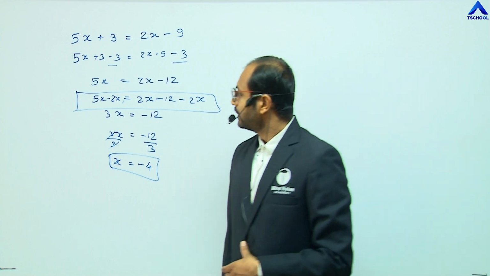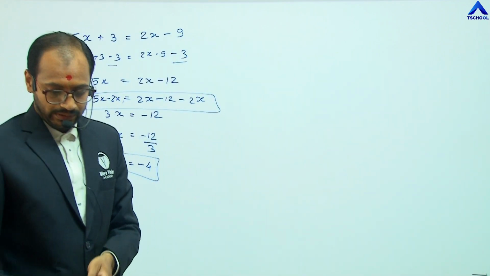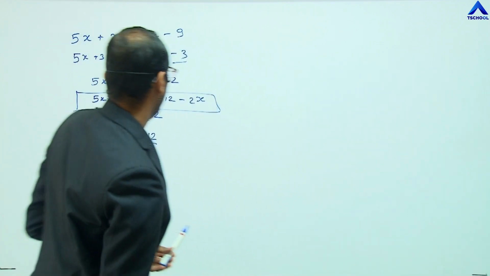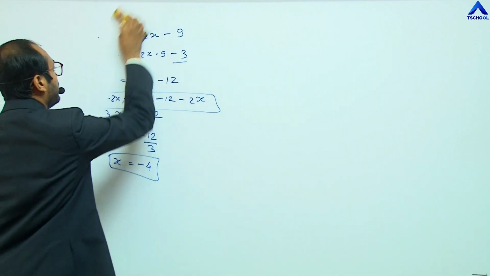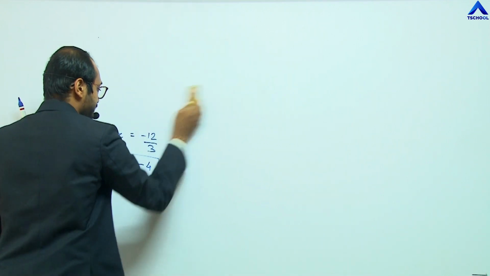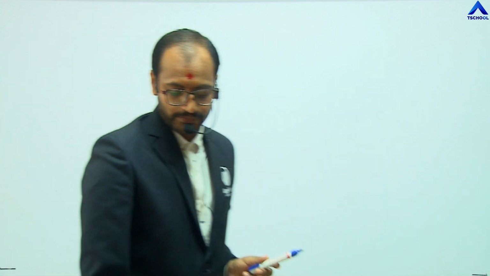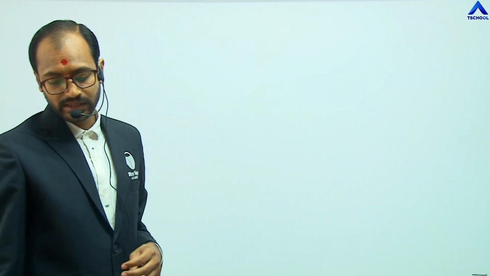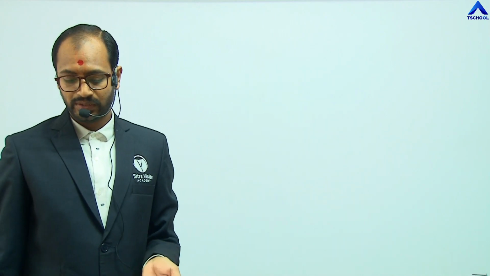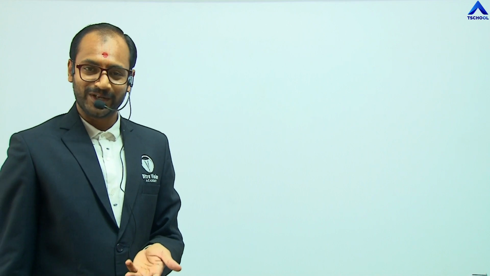Clear? So let me start to solve some illustrations using this concept. The first illustration is: solve 2x minus 3 equals x plus 2. It is quite simple. Do it by yourself in a similar manner.